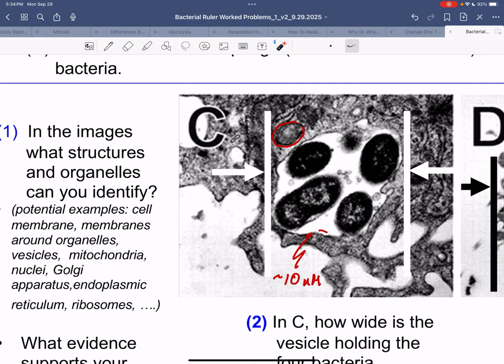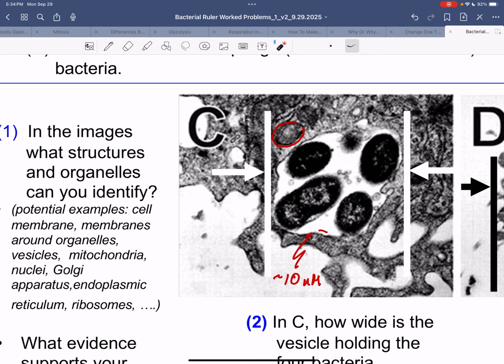Anytime you see something that has a series of approximately parallel wavy lines, that is almost certainly a mitochondrion, because the structure of a mitochondrion is to have an outer membrane and then an inner membrane that folds like this. And so when you look at them, you see these stripes from these membranes going across. So that's probably a mitochondrion.